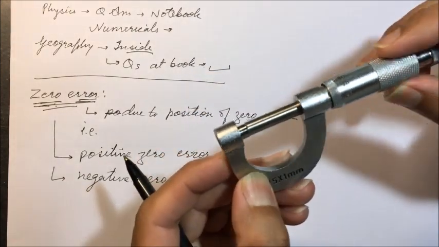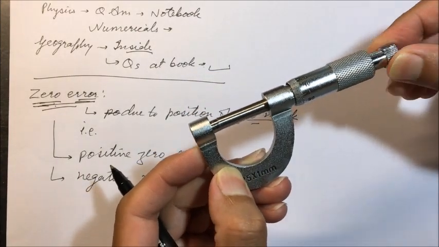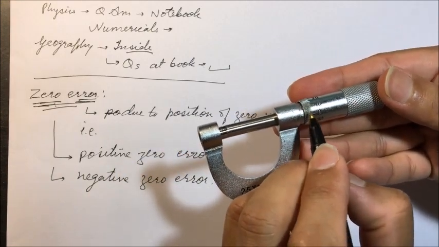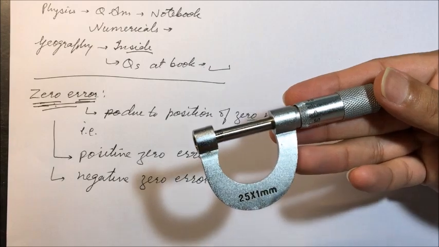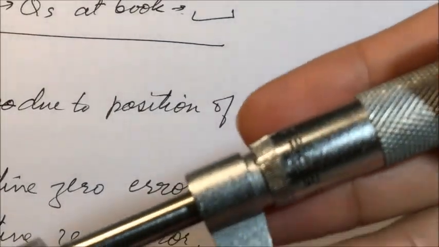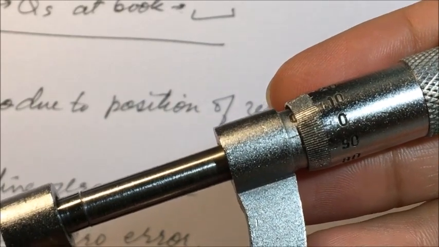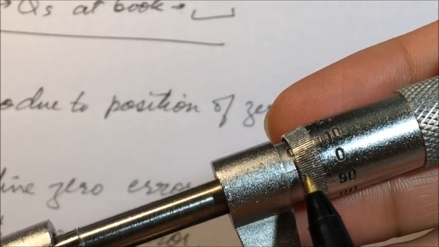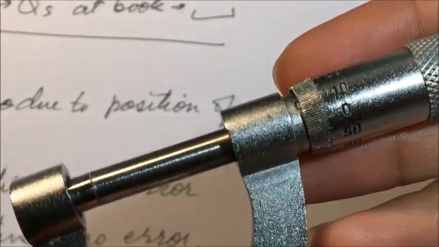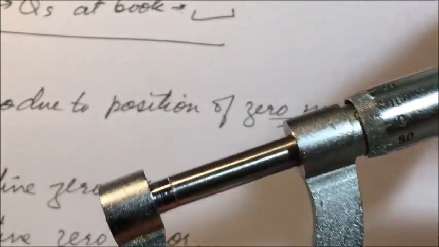So let's first check whether it has the error or not. As you can see, the zero mark on the circular scale is coinciding with the baseline. Therefore, this instrument is free from zero error.